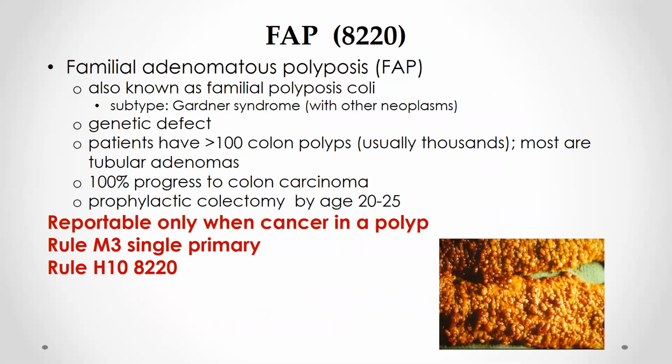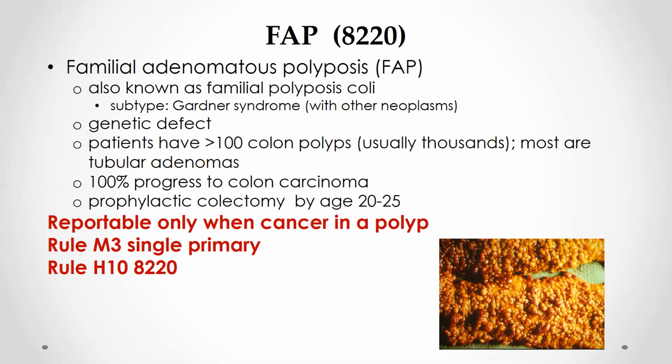The FAP that we looked at, some of the histology rules, is referring to this disease, the familial adenomatous polyposis. This is a genetic defect, and these people have over 100 colon polyps. Most of them are tubular adenomas, but they do progress 100% to colon cancer. This is reportable only when there's cancer in a polyp.